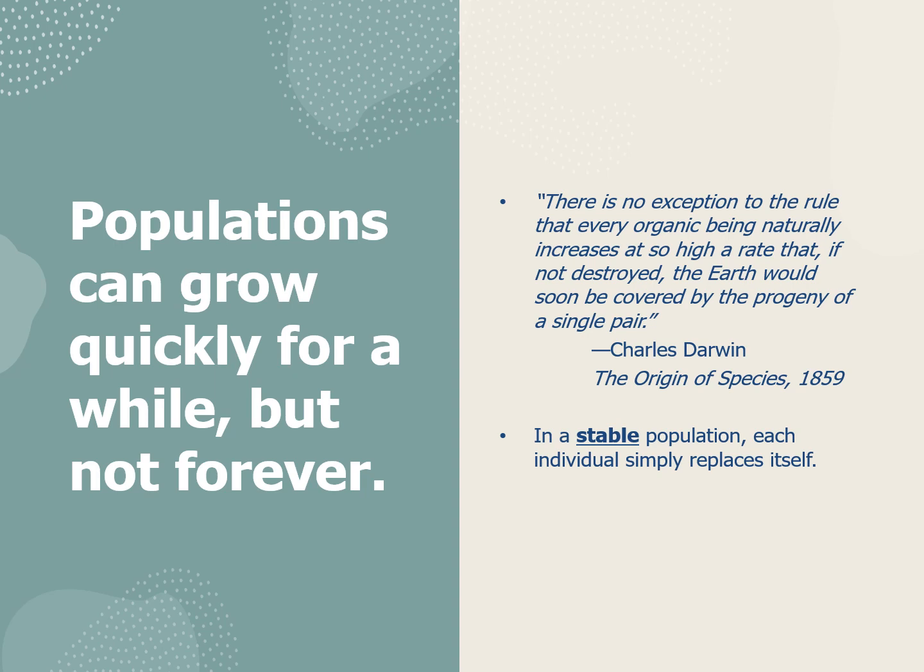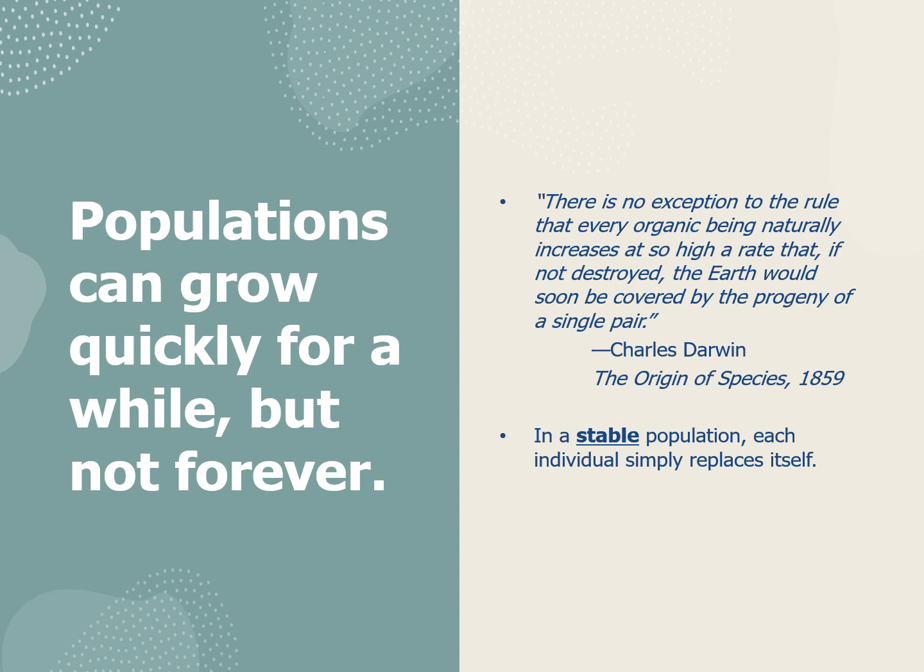But we know that in most populations, especially in something like rabbits, the bunnies will not just replace themselves. They will have more offspring than just the two of them, right? So, in that instance, we see that population growing.